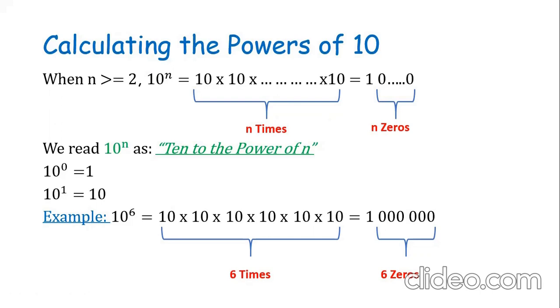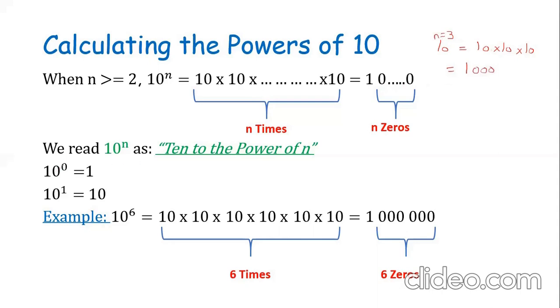So let's give an example. In this case, if we have 10 to the power of 3, this is equal to 10 multiplied by itself 3 times, since n is equal to 3. And we write the result as 1, and on the right side of it, 3 zeros, because here n is equal to 3.